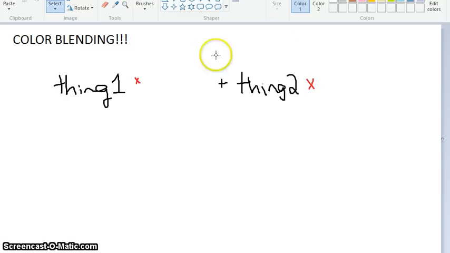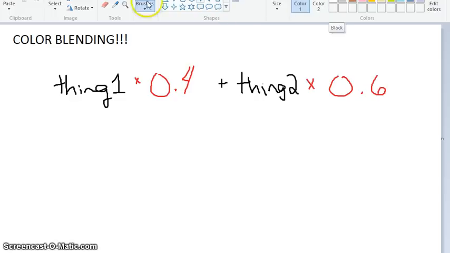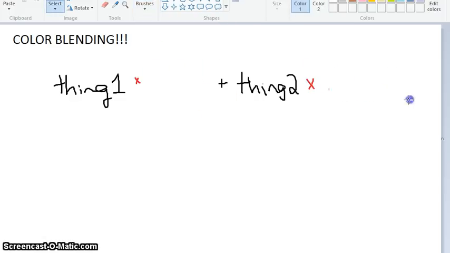You could say I want 40% of this one, which means you would have 60% of that one. You add that together, you get a weighted average. Now mathematically, what you're doing is you want some ratio here, which is a decimal.